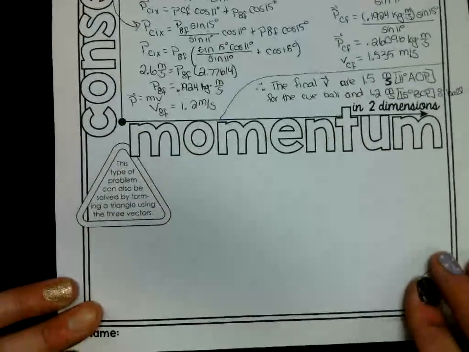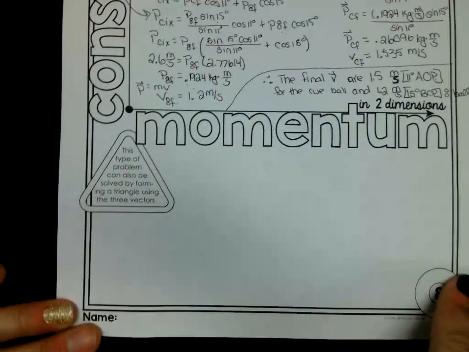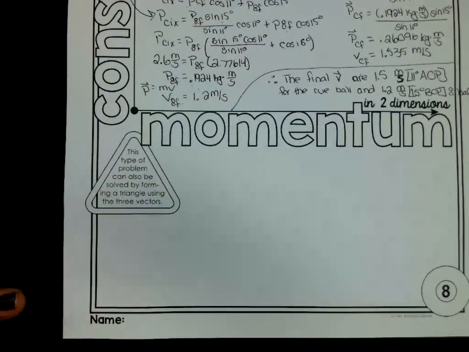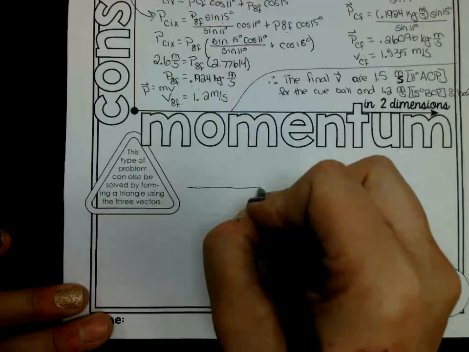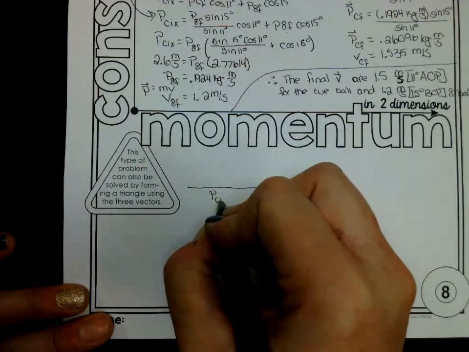All right. That's a lot of work to solve one problem. So there's another way that you could solve these problems. You can solve this type of problem by forming a triangle using the 3 vectors. So we know that we have the momentum of the cue ball initial.